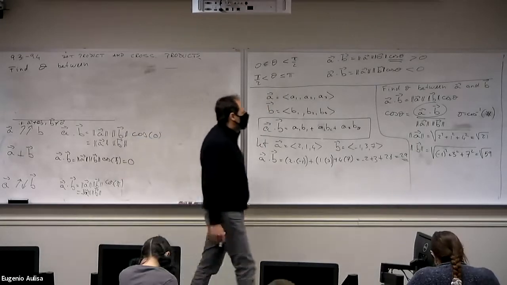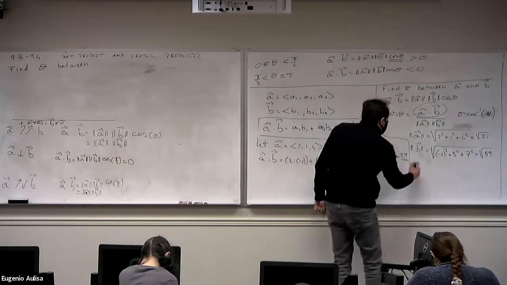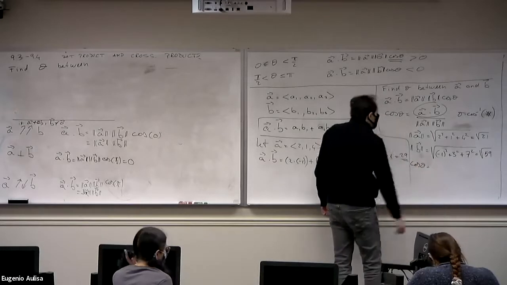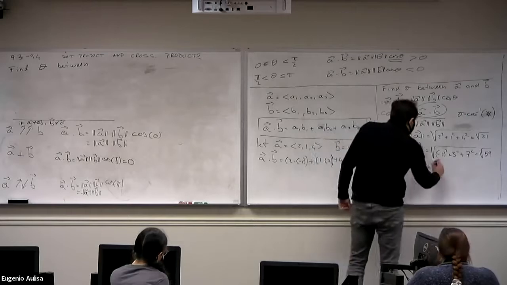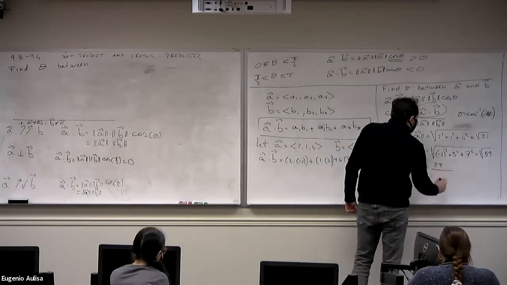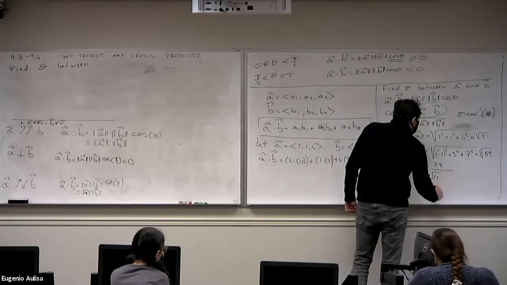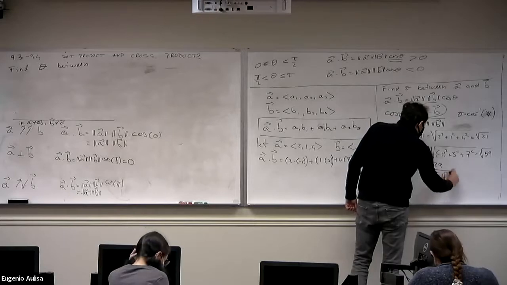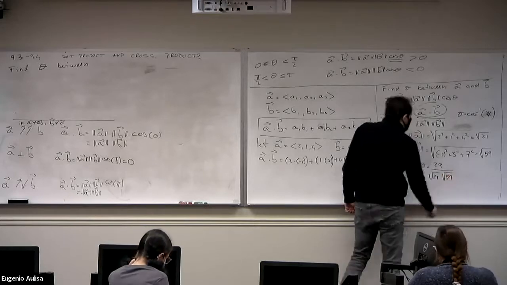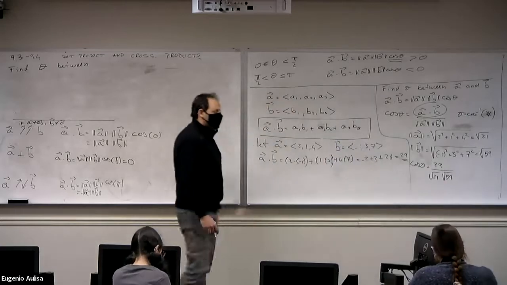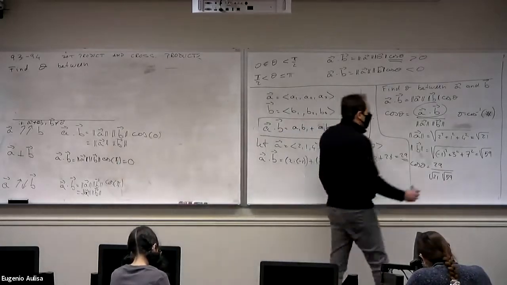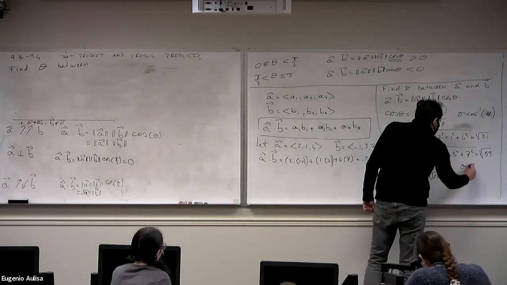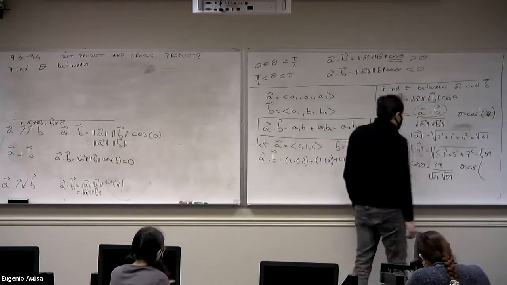So we can go here, say cosine of theta is equal to 29 divided by square root of 21 times square root of 59. And then theta is going to be cosine inverse of this number here.